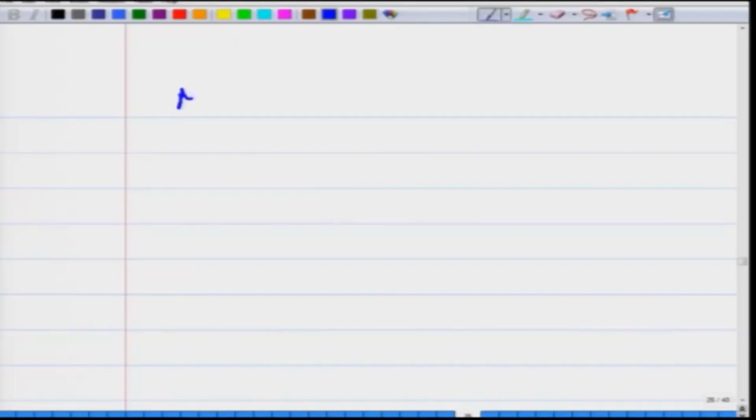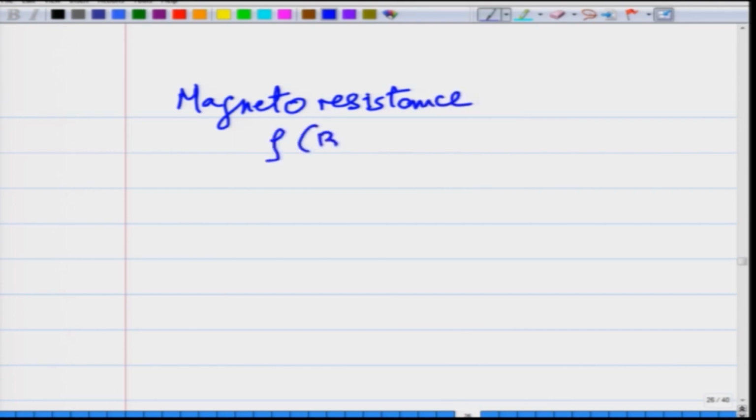It goes by the name of magnetoresistance. So, magnetoresistance is when the longitudinal resistance, the resistance along the flow of current, depends on the magnetic field.